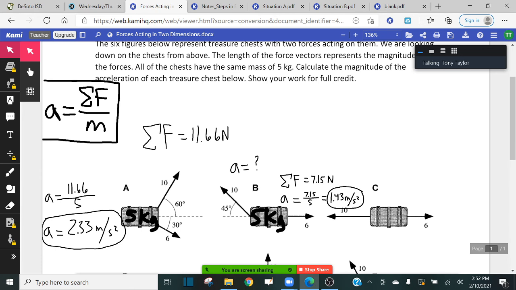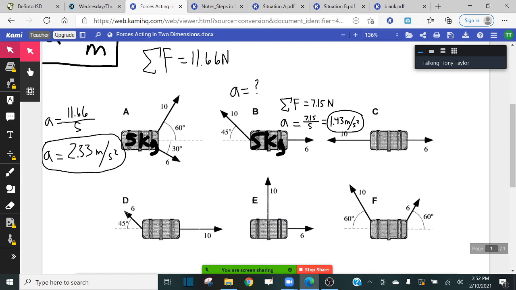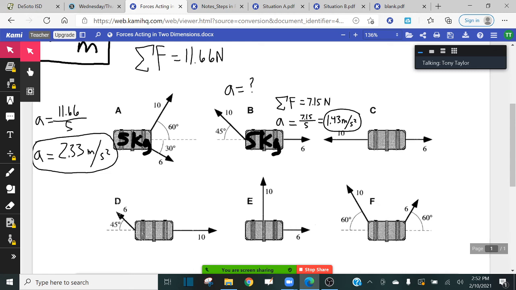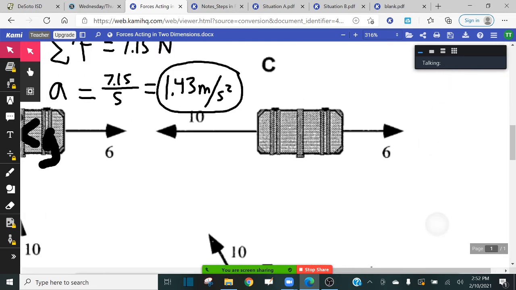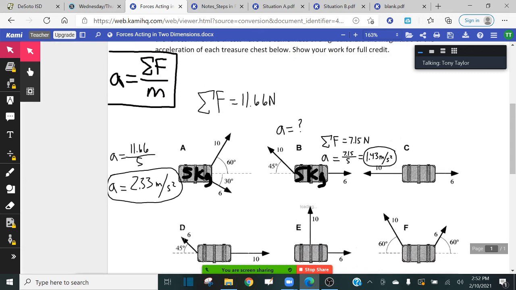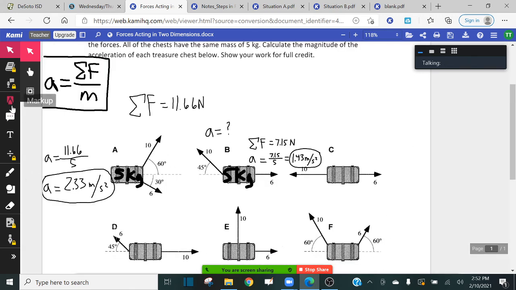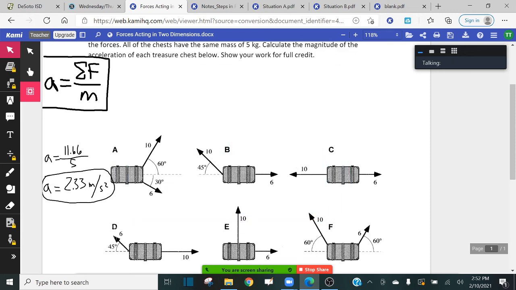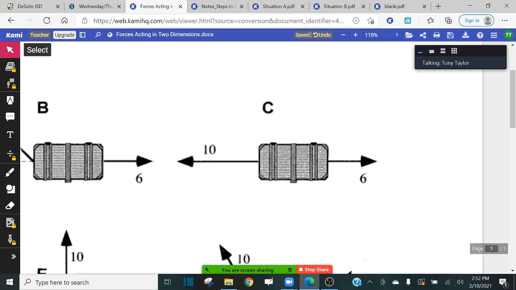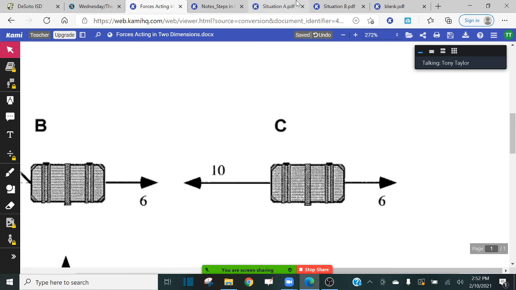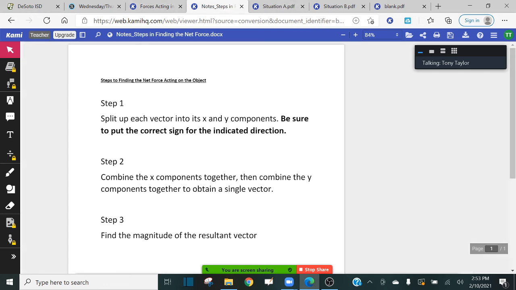Okay. Guys, before I let y'all go, let me say a few things. Some of these problems on here are easier than you think. So for example, guys, look at situation C. Hold on, let me erase some of this stuff. Remember, the first step says to basically find your x and y components of your vectors.